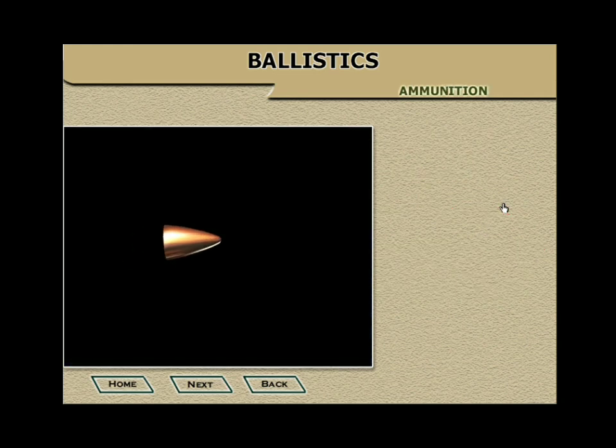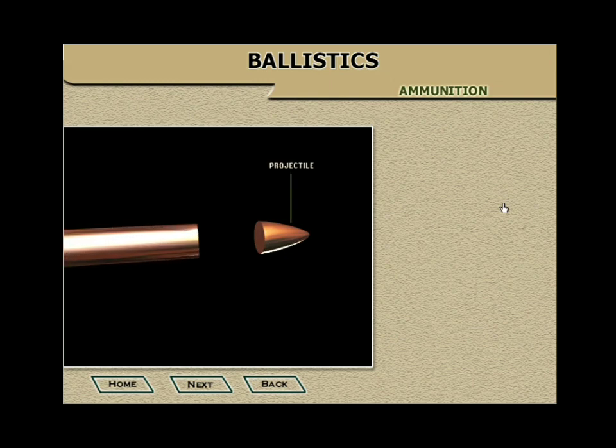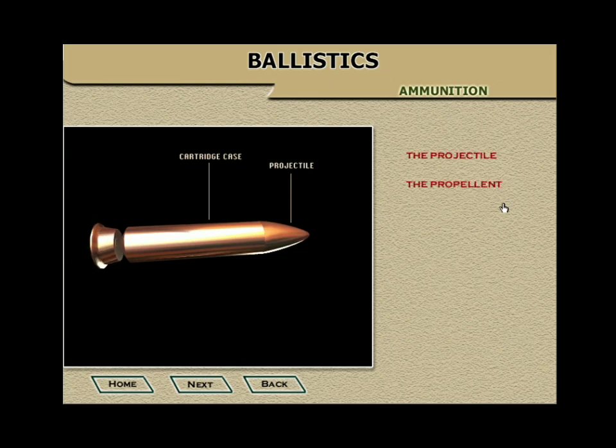In a modern firearm, the propellant and the ignition device are assembled as a unit in a combustible bag. The projectile, the propellant charge, the primer, and the cartridge case are collectively known as ammunition.